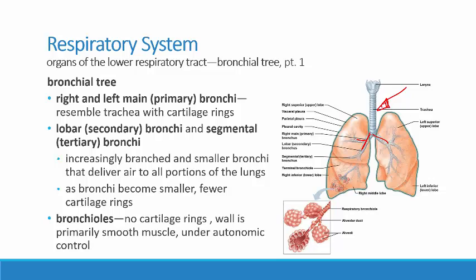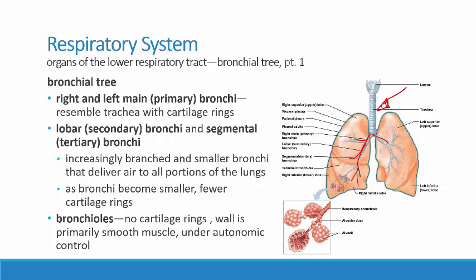So we have the lobar bronchi, and then the lobar bronchi further divide, creating the tertiary bronchi that are increasingly branched, smaller bronchi, all delivering air to the lungs. As they get smaller, branching and branching, they have fewer and fewer cartilage rings until we finally reach the bronchioles.